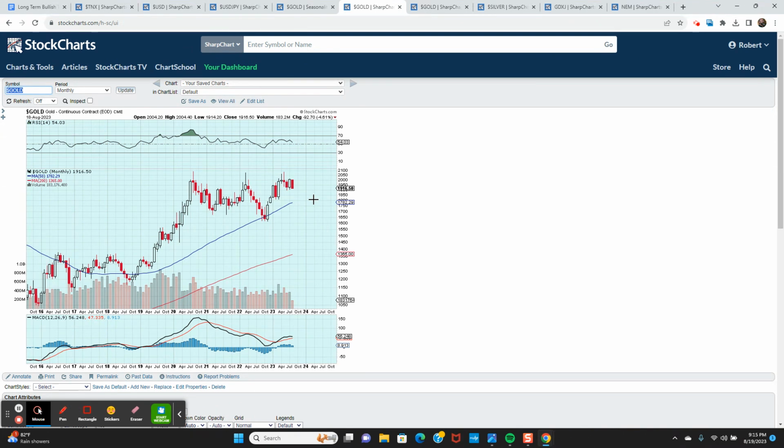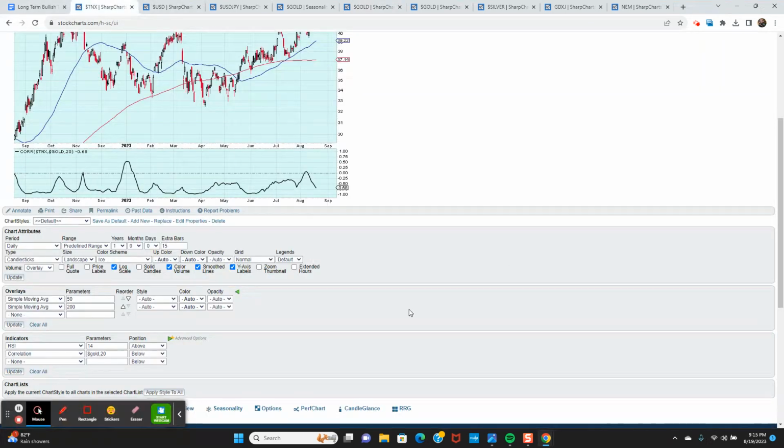So let's see how this month closes and keep an open mind. Obviously, a monthly close under 1900 would be a really bad sign for bulls. And if gold can claw back above 1950, 1960, that would be fantastic because it would be once again showing that support in the low 1900s is asserting itself. And bulls or buyers down there.